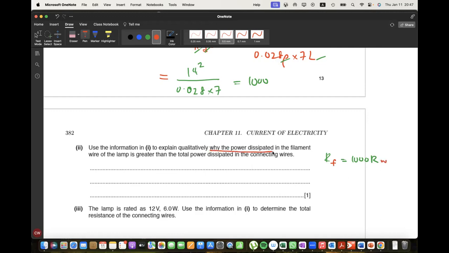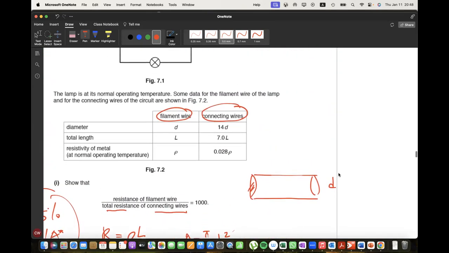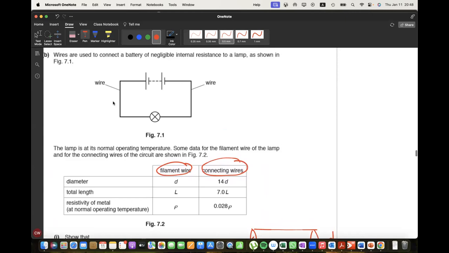Explain why power dissipated in the filament is greater than this. What is the formula for power? I squared R or V squared over R or IV. Which one shall we use here? You need to see the connection. What is the type of connection here? Series.